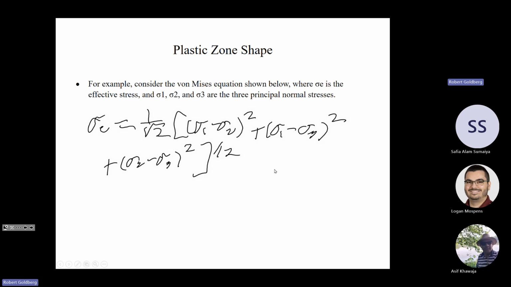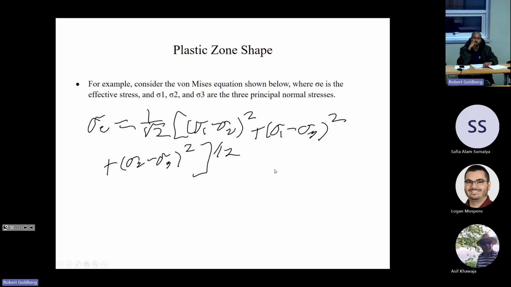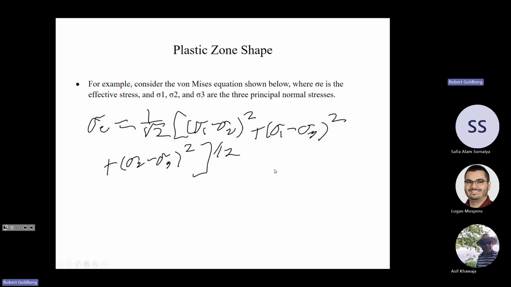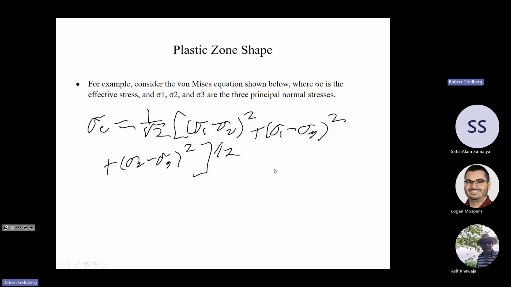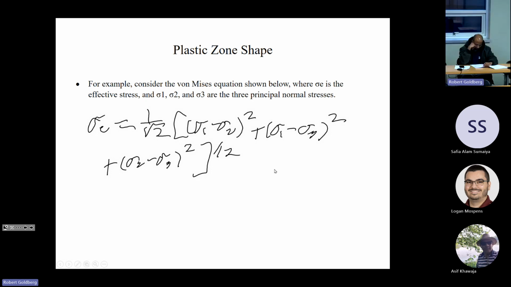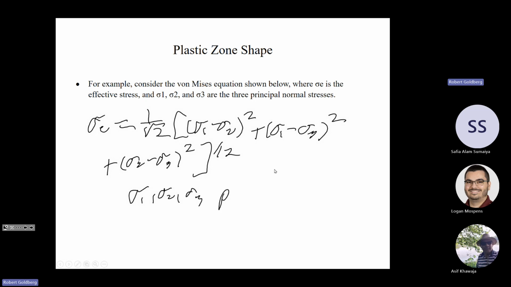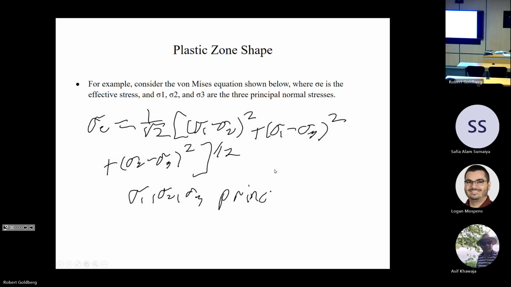So the idea of these various yield functions, of which the von Mises criterion is a famous one, is that, and also here in this way of writing it, sigma 1, sigma 2, and sigma 3 are all principal stresses.